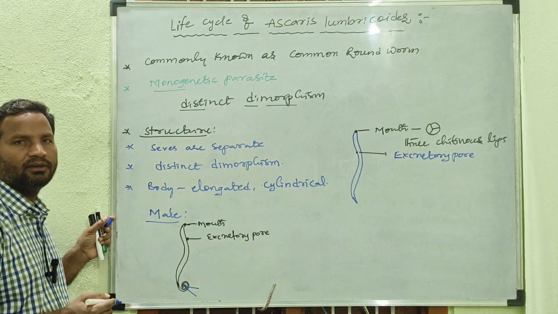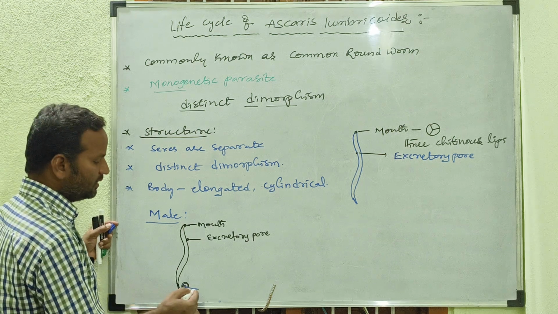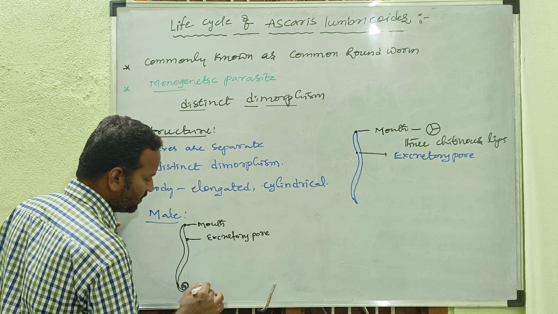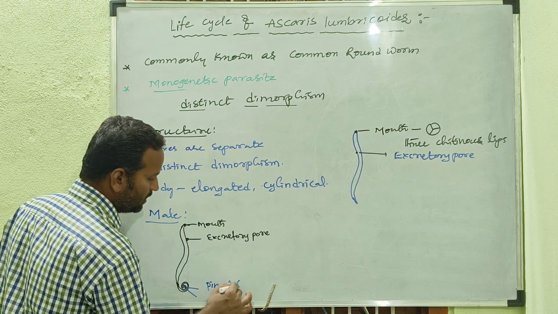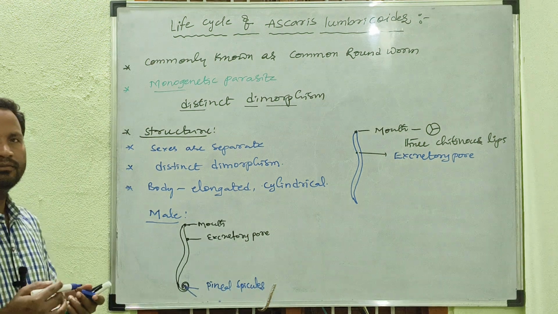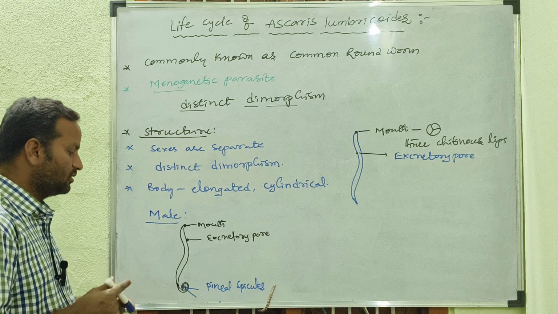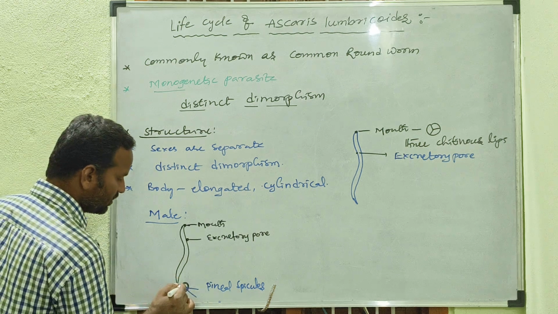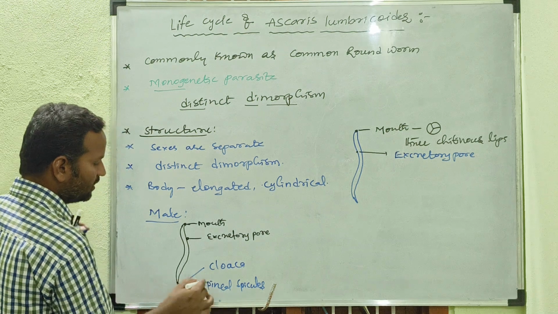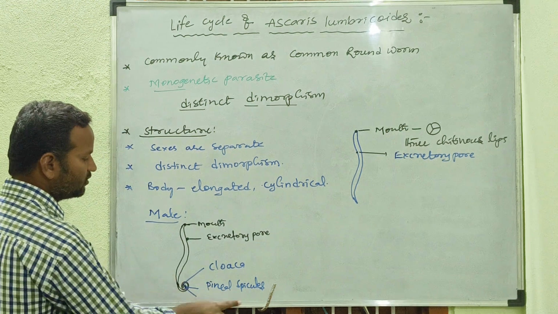The cloaca is surrounded by a pair of equal-sized chitinous structures called penial spicules.